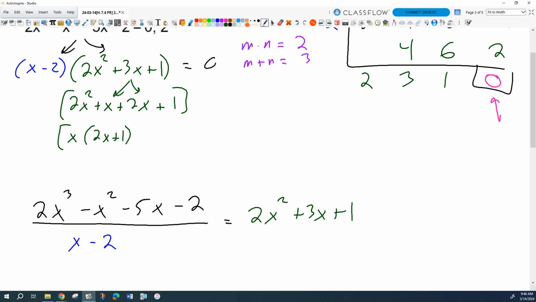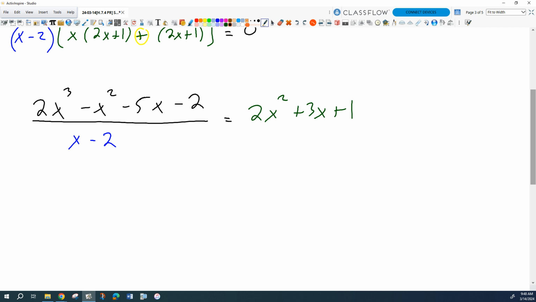And the other group is just 2x plus 1. We're almost there.